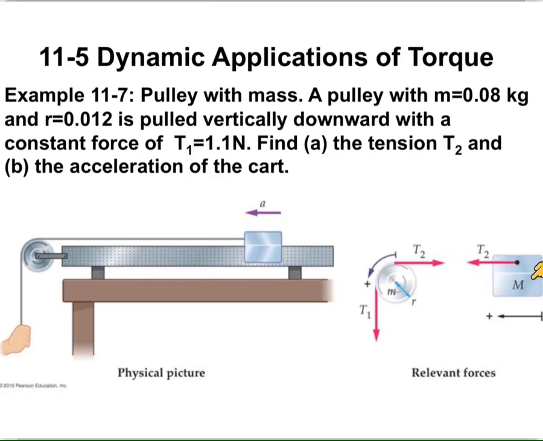So the right picture is, again, the free body diagram for the objects. And drawing a free body diagram is very critical in these types of questions. For the rotating objects, you will draw all the forces that can rotate the object, because you have to calculate the torque, and you will write the torque equation.